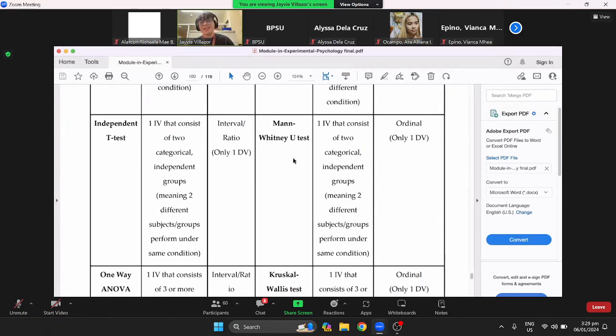So again, sa Mann-Whitney U-test, ang independent variable natin ay may two categorical groups: the control group and the experimental group. Ang independent variable natin dito ay may kinalaman sa ghosting psychoeducation, yung pangalan ng activity or program natin. Nakategorize siya sa dalawang grupo.